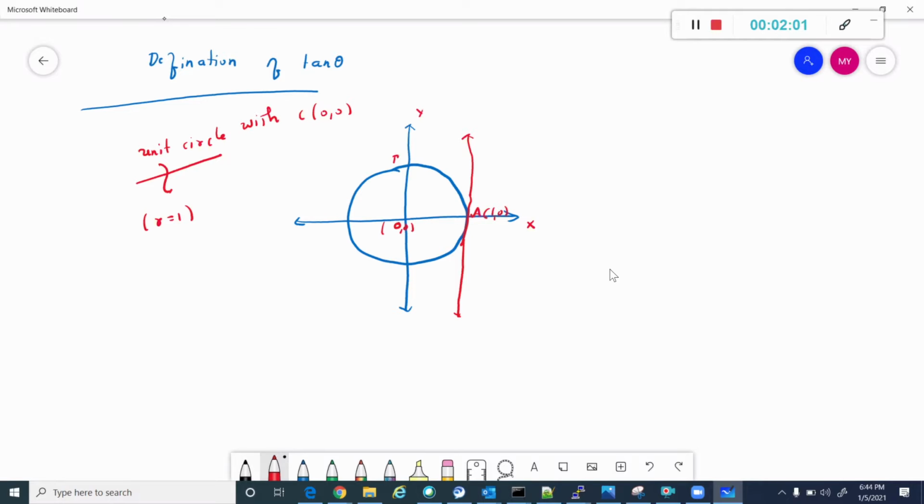This point. Priya, can you name the coordinates? 0 and 1, then minus 1 and 0, and 0 and minus 1. So what is the x coordinate? What does it mean?